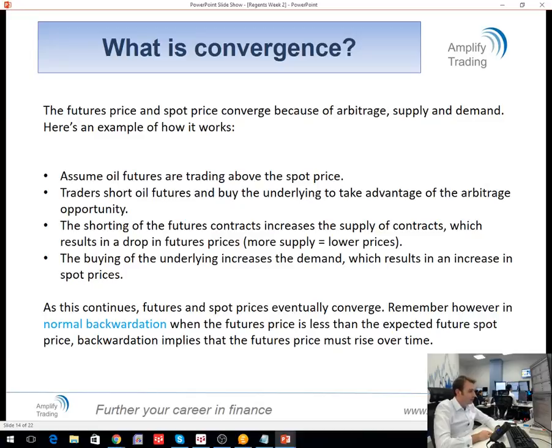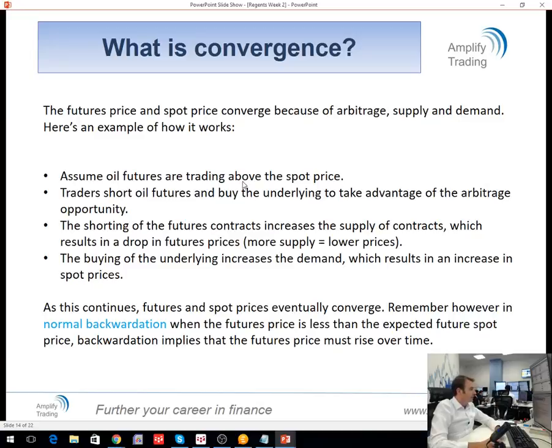So there will always be convergence between the spot price and the future price. So if the future price is higher than the spot price, remember you've got contango, and if the future price is lower than the current spot price, then that's backwardation, and that future price must move up to meet the spot price.